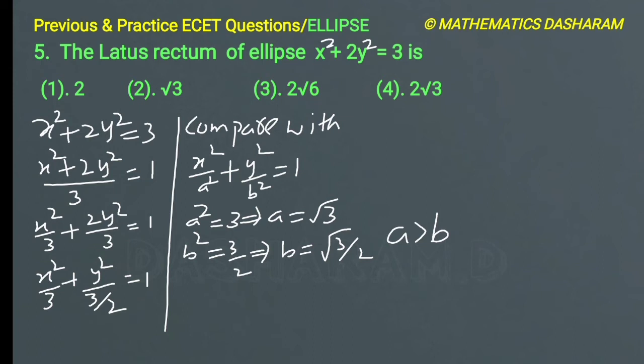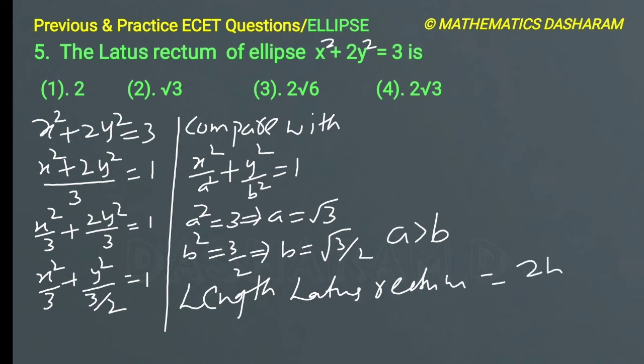If a is greater than b, then the length of the latus rectum formula is 2b square divided by a. So let's substitute the a and b values in this. So 2 into b square value 3 by 2, divided by a value root 3.